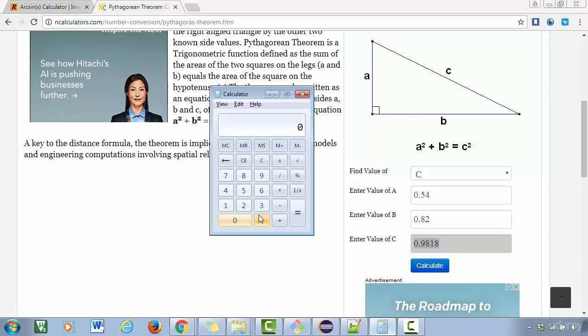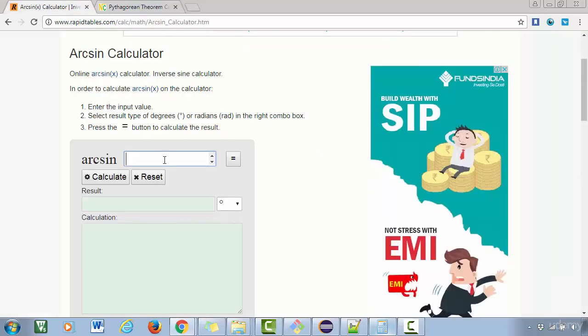So now let's calculate the value by dividing the y-axis by this value. 0.54 divided by 0.9818, and that turns out to be 0.5500.